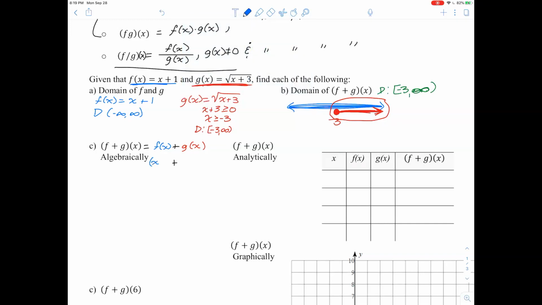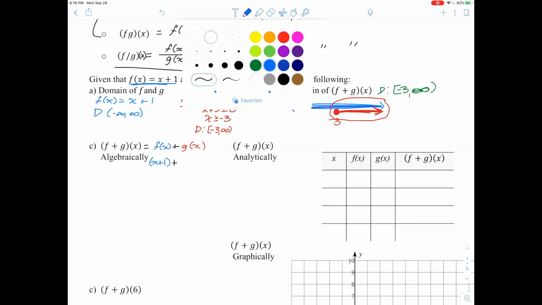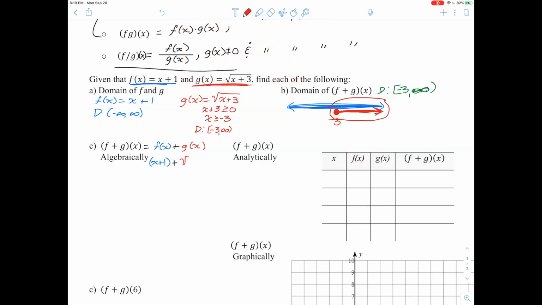The f of x is x plus 1, so we're going to substitute that in, and the g of x is the square root of x plus 3. All right, so let's simplify that if we can. We'll distribute here. Well, there's nothing really going on there, so that's just x plus 1 plus the square root of x plus 3. And to be honest, there really isn't anything else that we can do with that. And so that is algebraically the solution to that.